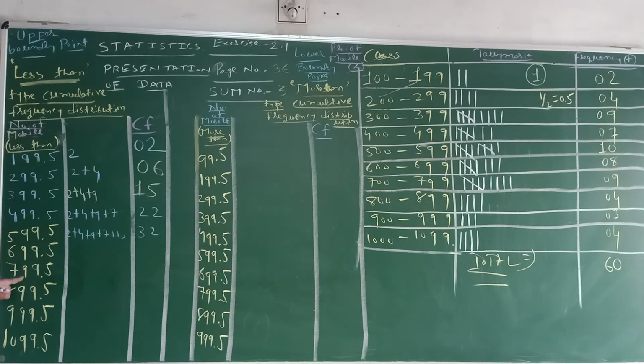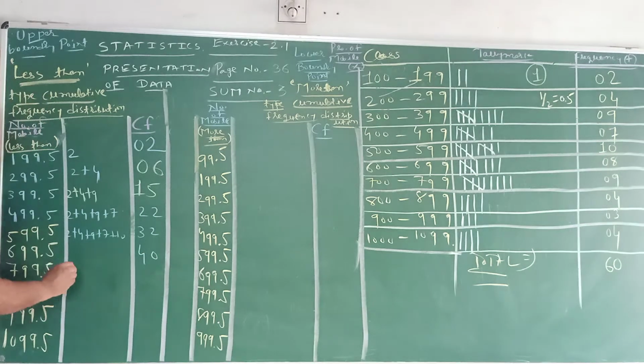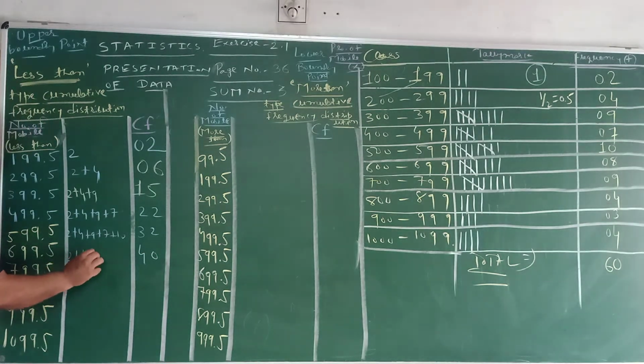Now 699.5 or less than 699.5, then add the 8. That is 40: 2, 4, 9, 7, 10 and 8. After that add 9, so it is 49.